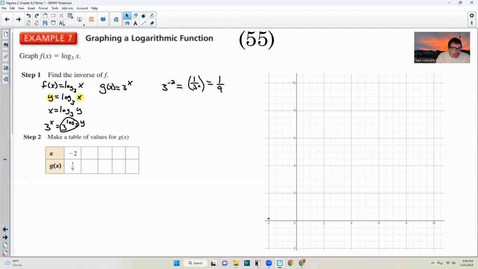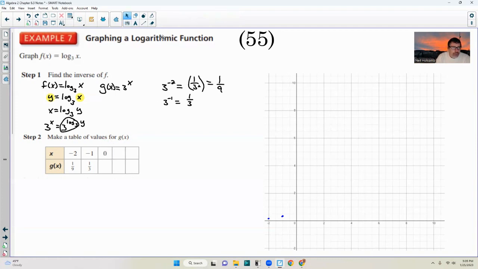And then I'll pick -1 as my next value. Remember, what does that mean? It's 3 to the -1, which equals 1 over 3 to the +1, and you're done. It's 1/3. I'm going to plot that point, go back to blue. So -1, up 1/3, which is a little bit higher than 1/9, but not quite a half. Half is here, 1 is here. Then I'm going to choose 0.